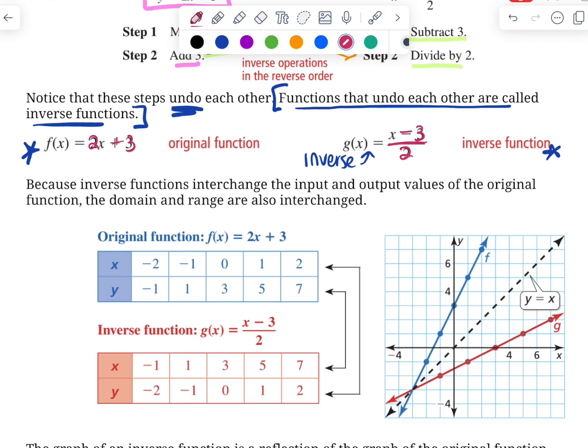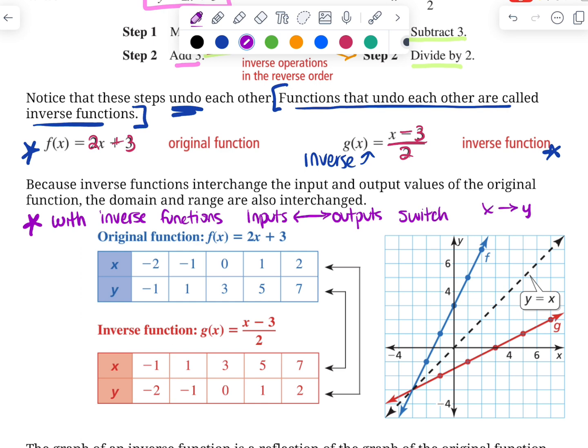So here's maybe the note to make. With inverse functions, inputs and outputs switch. So basically x becomes y and y becomes x.